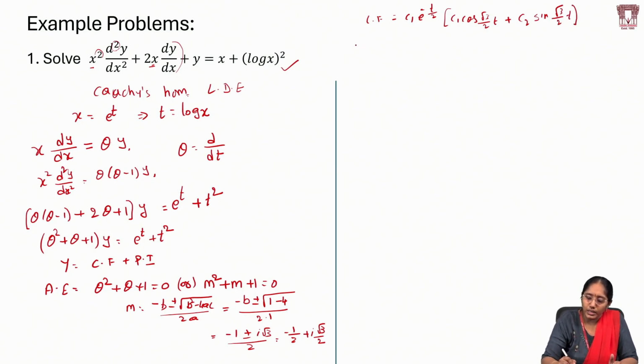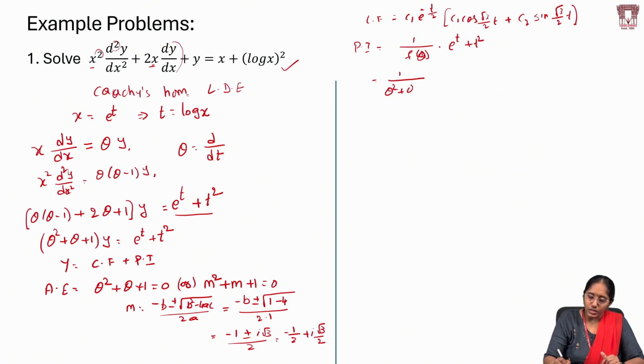Now find the particular integral. Particular integral is 1 by f of D into Q of x, that is the right hand side function, that is e power t plus t square, not f of D, that is f of theta here. Now 1 by f of theta, that is theta square plus theta plus 1, into e power t plus t square.